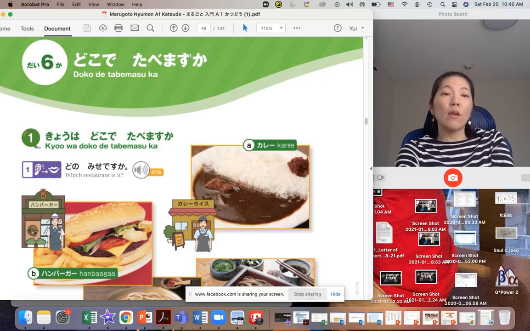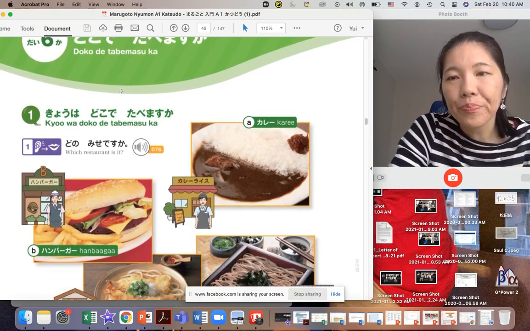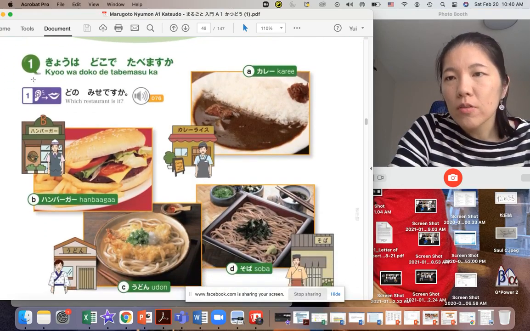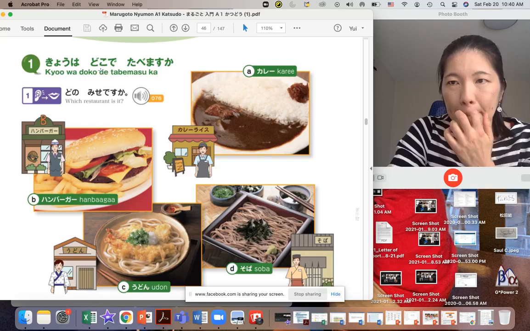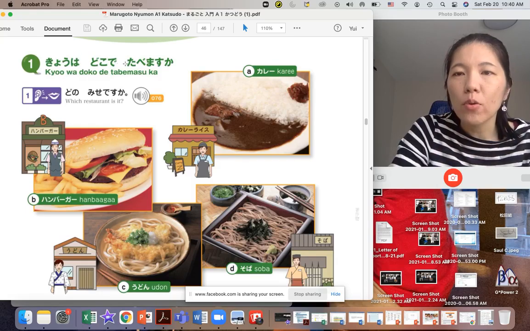The formal way of saying 食べる, to eat, is 食べます. か is a question. So where do you eat? Number one, 今日はどこで食べますか. Today, where do you eat?